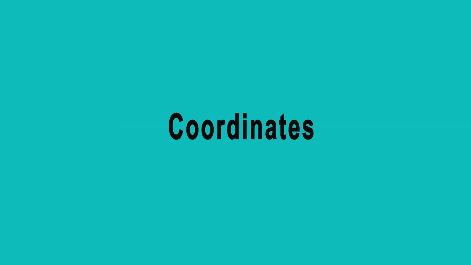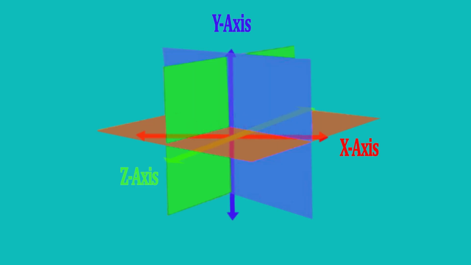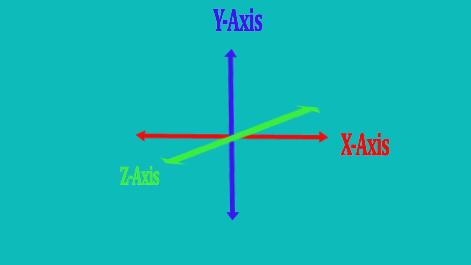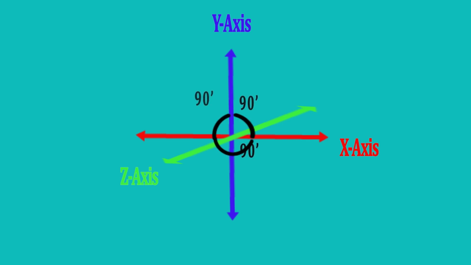Coordinates. There are three Cartesian coordinates that are used to define the position of an object in 3D space, each of which is termed an axis. There are three space coordinates: x, y, and z. These are present at right angles to each other.